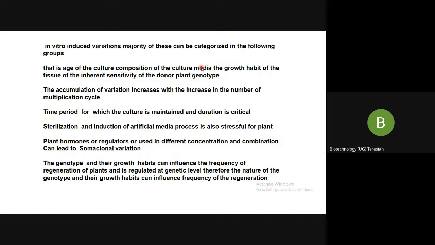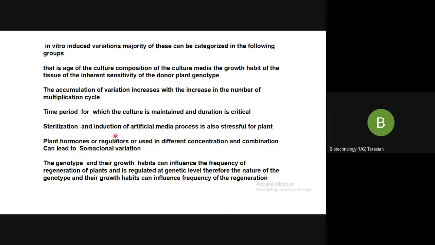Maybe they're growing in a desert, maybe they're growing in a tropical country, a temperate country. In tissue culture, we can provide all artificial conditions to grow them here in the laboratory, but you are providing some sort of stress to them. So the accumulation of variation increases with the increase in the number of multiplication cycles.